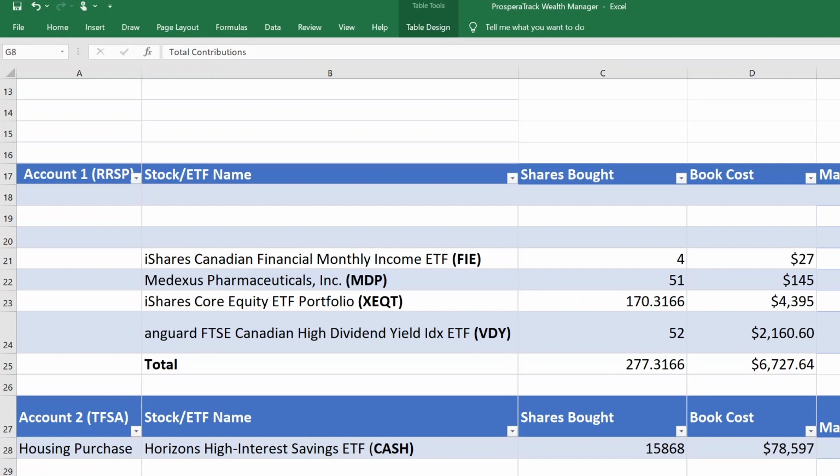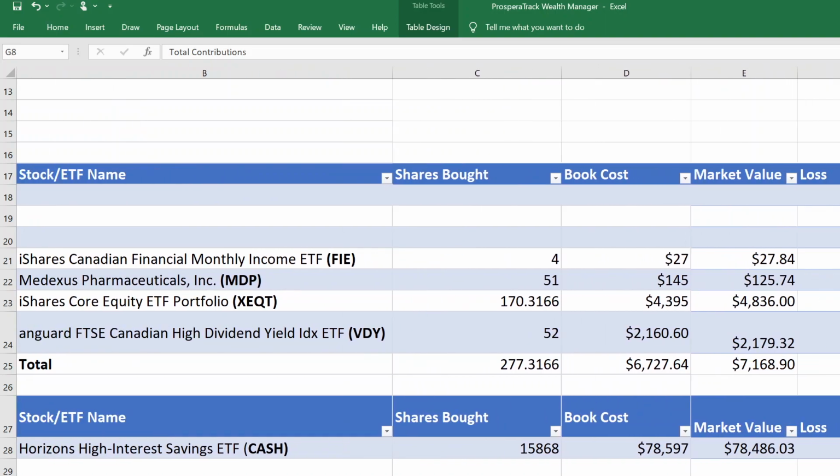The current book value of that particular ETF is 27 dollars, and the market value is 27.84, giving me a gain of 75 cents basically.